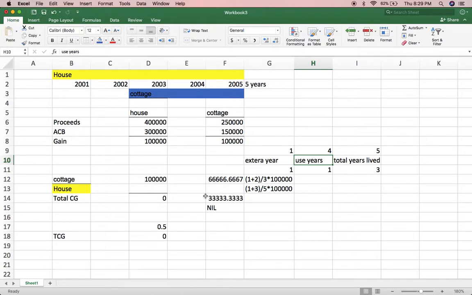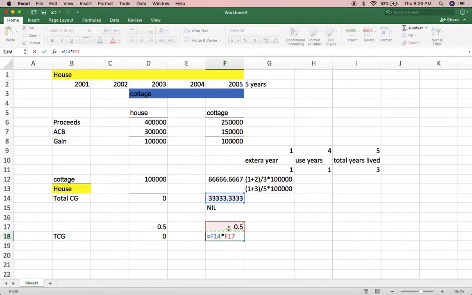What happens? 1 plus the 4, we get a deduction of 0 for the house because we use the full amount, but we have a capital gain of 33,333, which we times by 0.5. Now we have a taxable capital gain of 16,000, which is more. That's why we don't do 4 years.